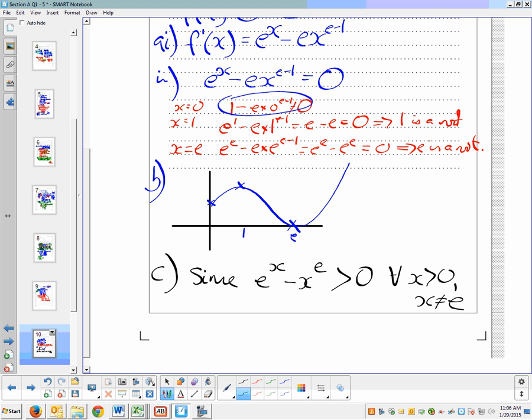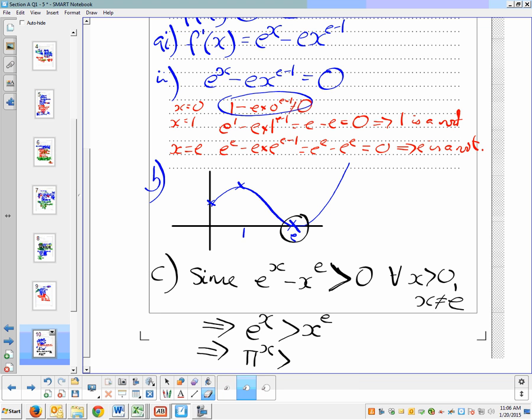Obviously, at e, it's equal to 0. So I've got to exclude that if I want to use the strict inequality. Which means that in general, e to the x is bigger than x to the e, and specifically, e to the pi, substituting in pi, must be bigger than pi to the e.